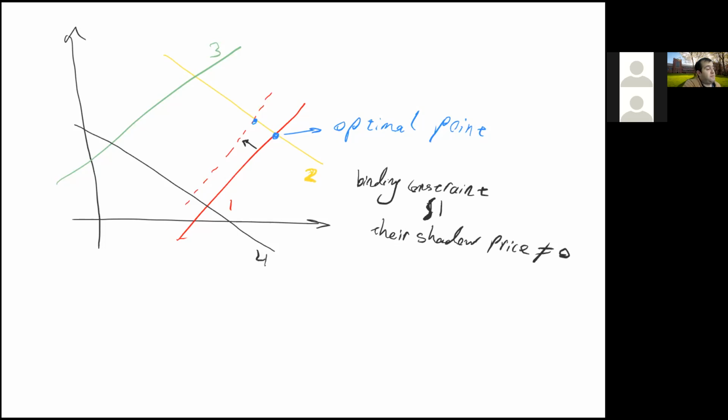Again, there is no mathematics behind it. We just have some terms that you need to know, because later you look at some reports and you might ask, what is shadow price?